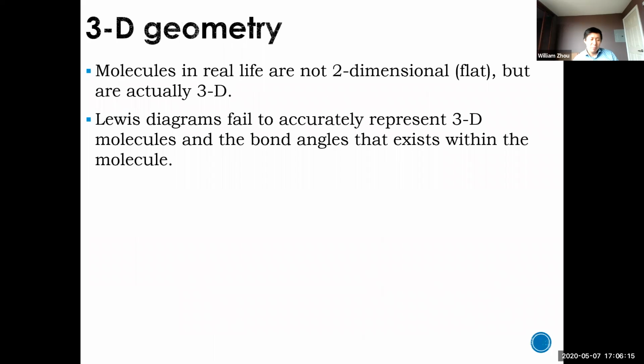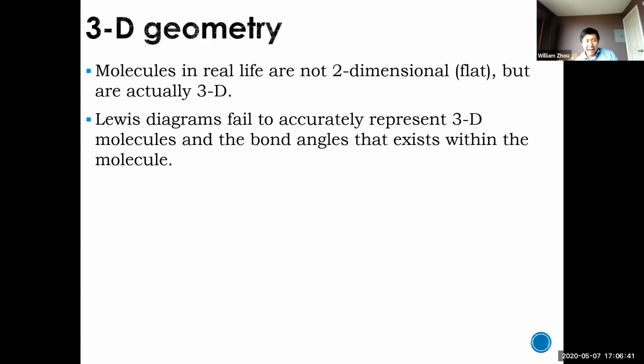The problem with Lewis diagrams is that it's drawn on a piece of paper or on a computer screen, so it's flat. But molecules in real life are 3-dimensional, and it's very difficult to represent a 3D diagram on a flat piece of paper. So the Lewis diagrams don't really accurately model the molecules in real life.